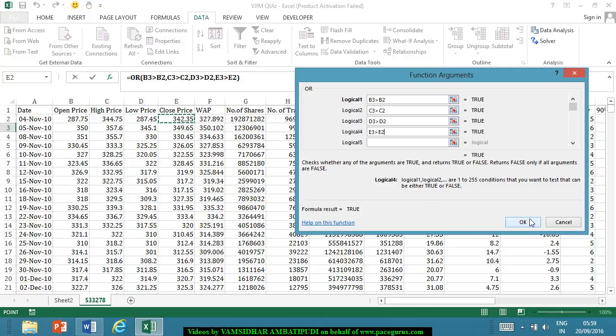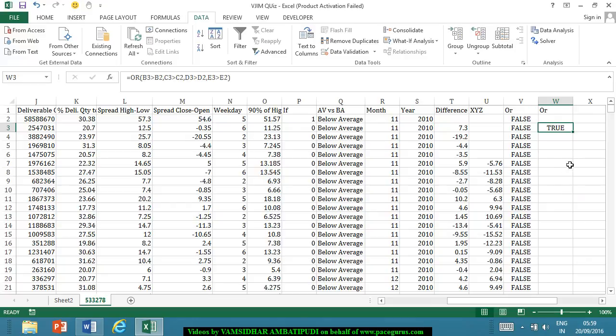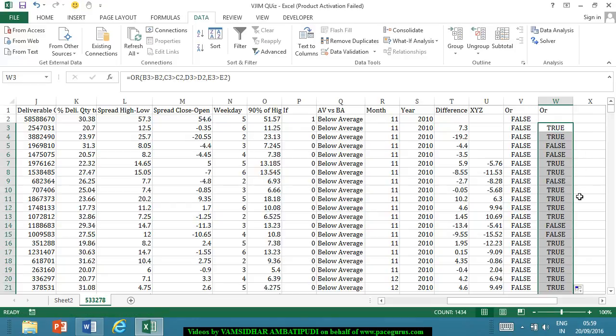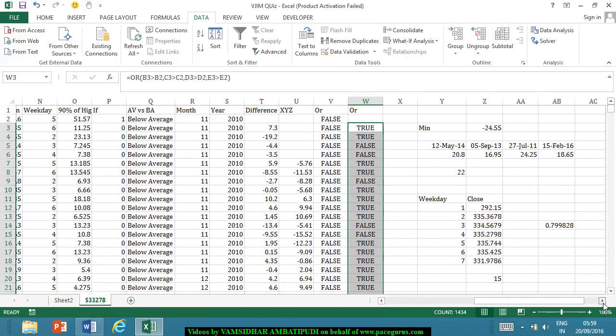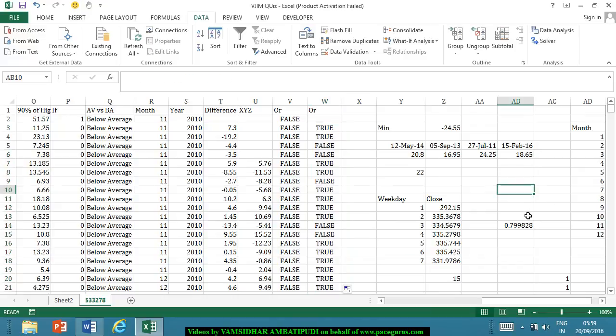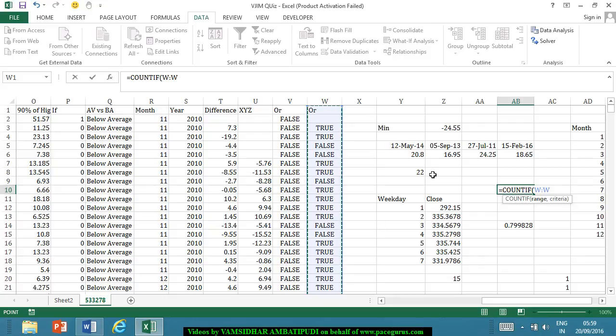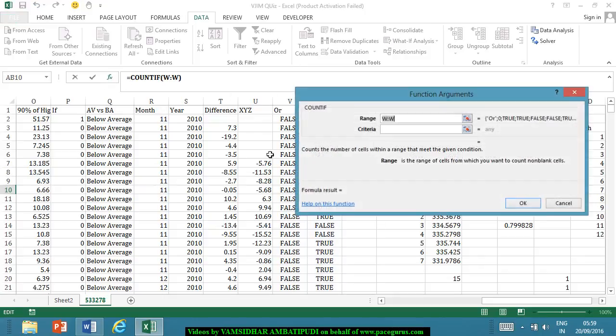I want to find out how many days there are when such a thing has actually happened. So these are the truths over the entire period. I have to simply count how many truths there are. So I am doing a simple COUNTIF. Within this I am counting how many truths there are.